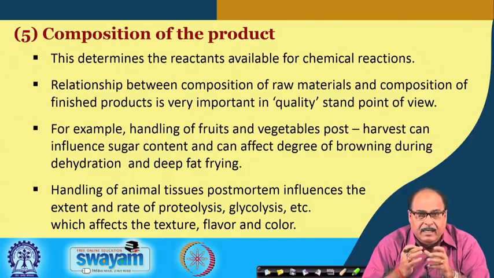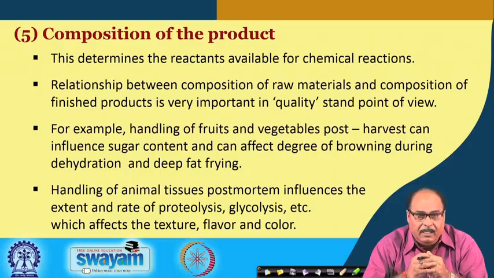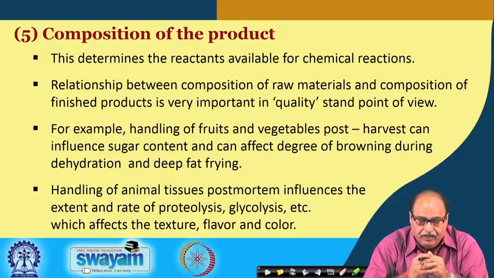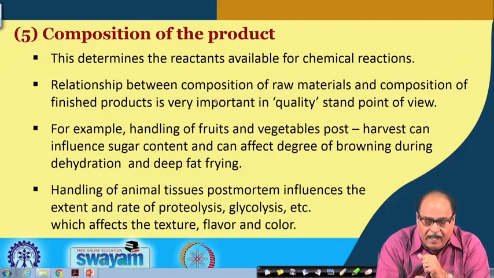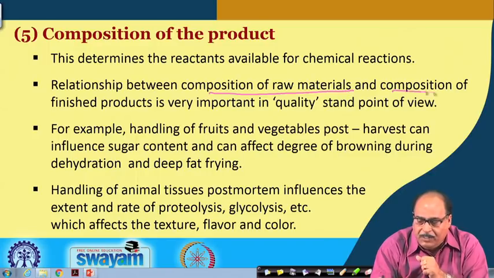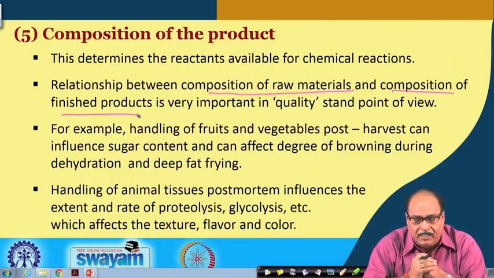It is the property, characteristics, composition and quality of the ingredients which actually governs or controls the quality of the end product. Composition of the raw material and composition of the finished product are very important.